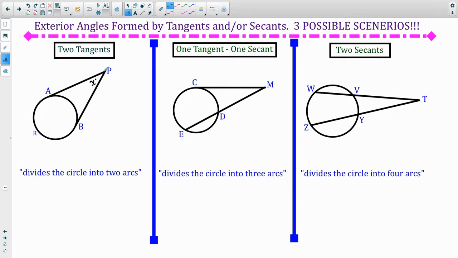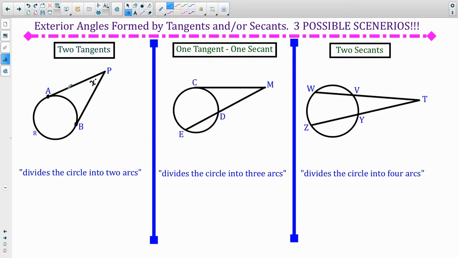Now, if we have two tangents from one point to one circle, they're only going to touch that circle twice, here at point A and here at point B. Now, one thing that's important to note is that two tangents going from one point to one circle will divide the circle into only two arcs.